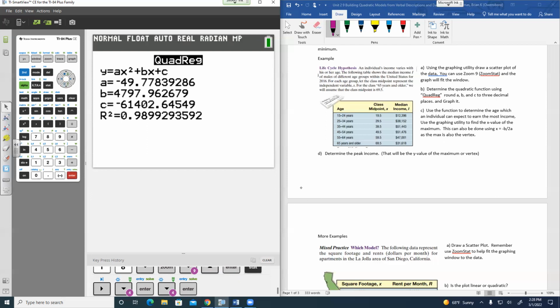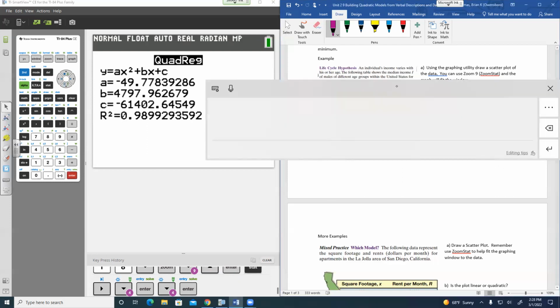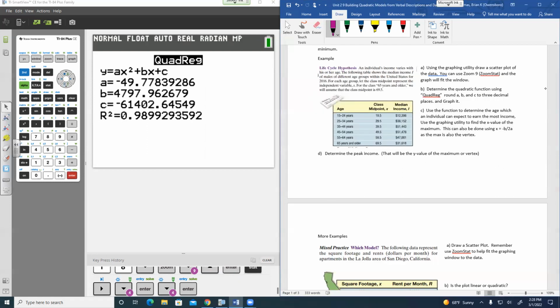So I'm going to just write over here to start with. So my A is going to be negative 49.778 if we round to 3 decimal places.